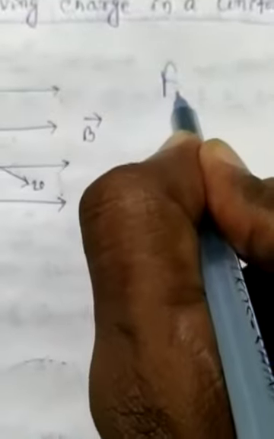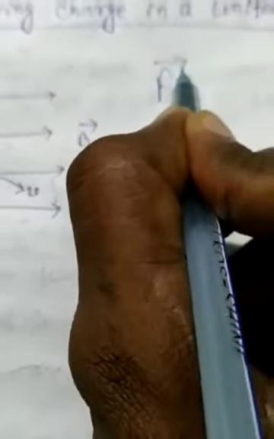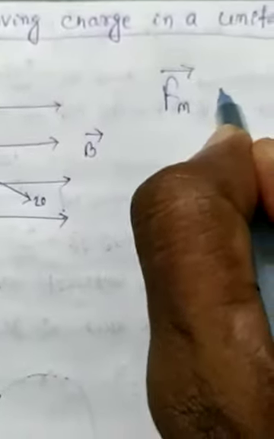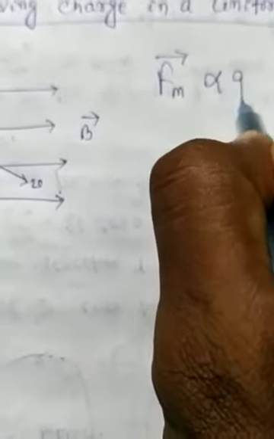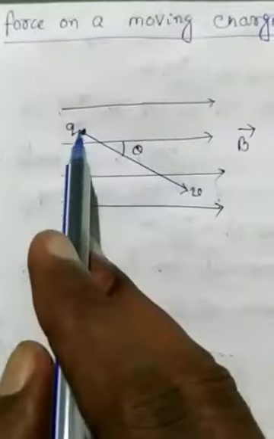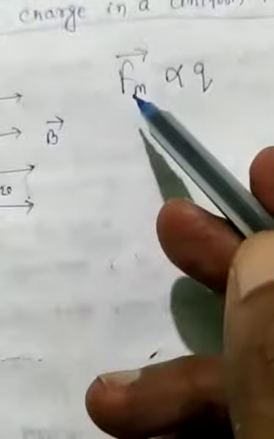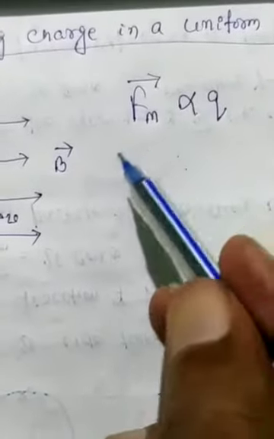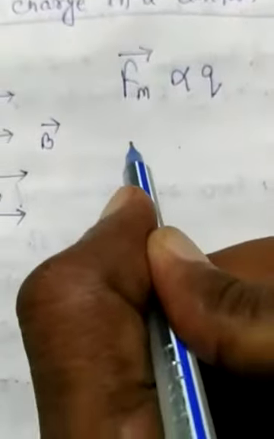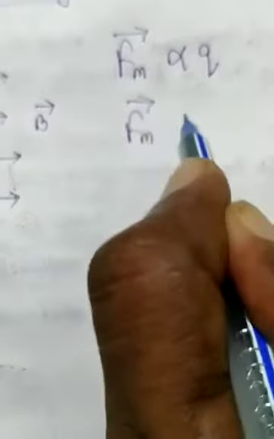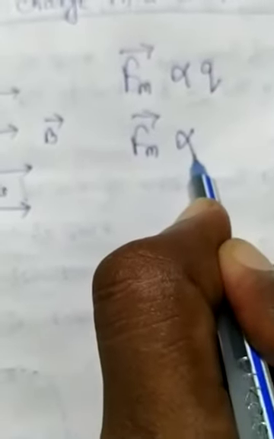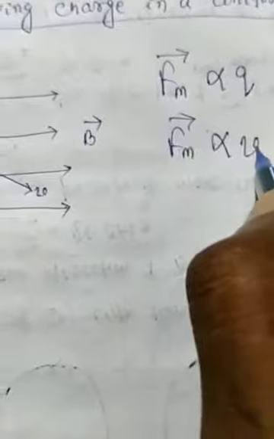by Fm. This magnetic force is directly proportional to the quantity of charge Q. It means if Q is large, it will experience maximum force. And this magnetic force Fm is directly proportional to the velocity of the charged particle.